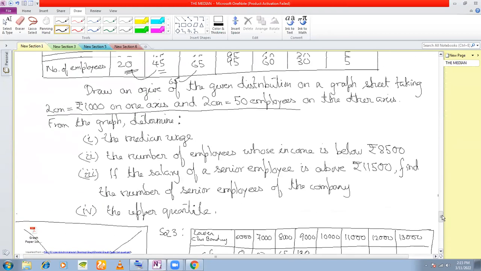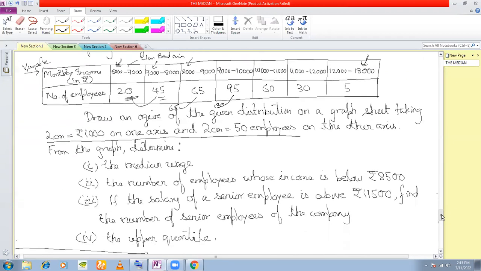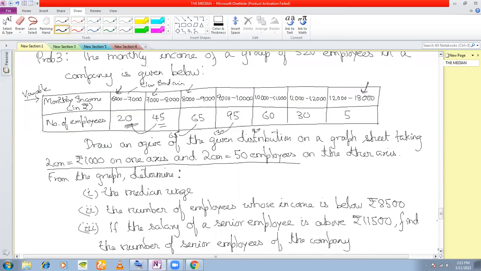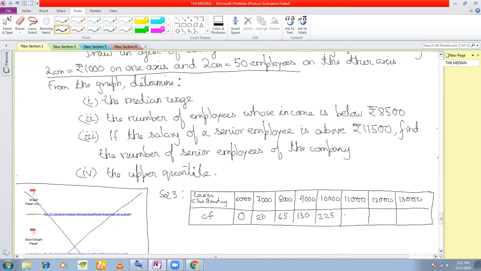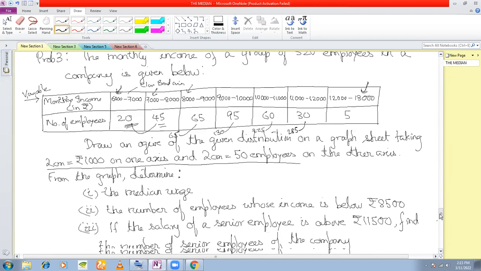Now this 130 that you got, you add it with 95, so you get 225. Now 225 that we have got here, we add it with 50 to get 285. 285 we add with 30 to get 305.